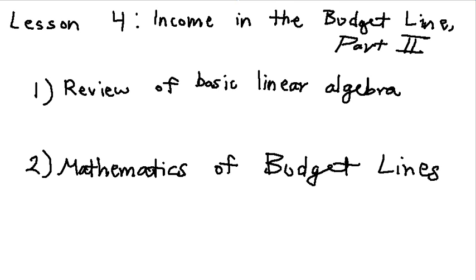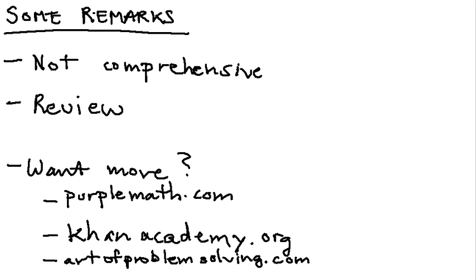Before getting started, I'd like to quickly mention that what we're going to be doing is not comprehensive. We're not going to be doing a full treatment of all of algebra. I'm just going to be picking and choosing a few topics that are fundamental to basic economics.